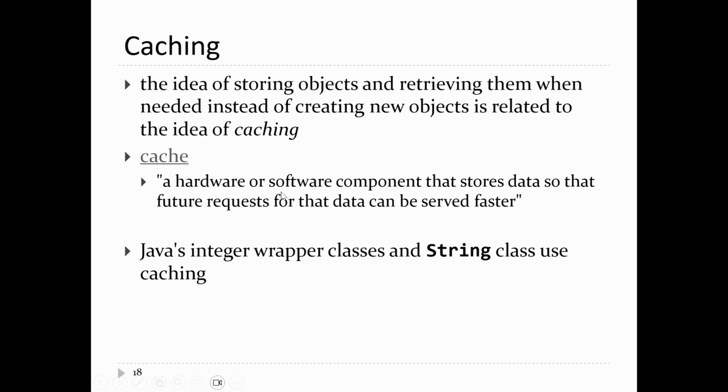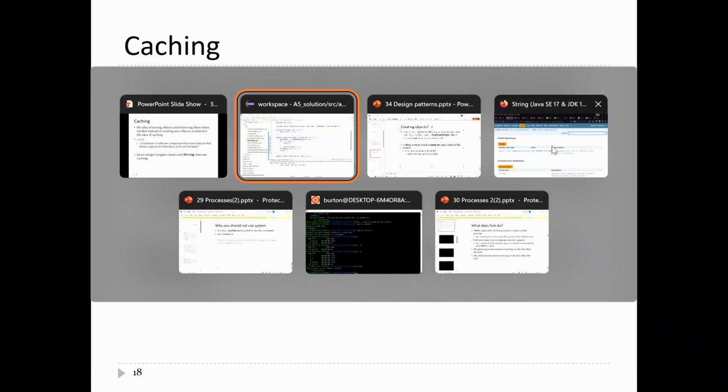Your memory controller almost certainly has a cache. Your disk controller has a cache, and so on and so forth. Our MyInteger class has a cache. It's got a map that stores the created instances. Some of the Java classes also have caches in them. The Integer class itself has a cache. The String class also has a cache. I'll talk about that in just a second.